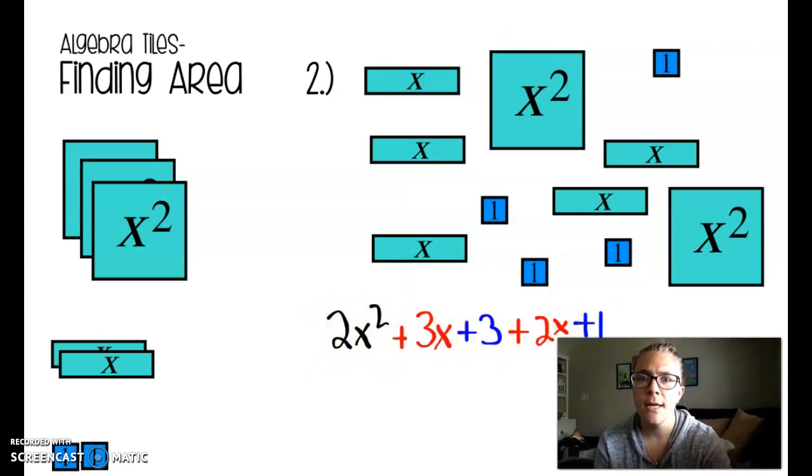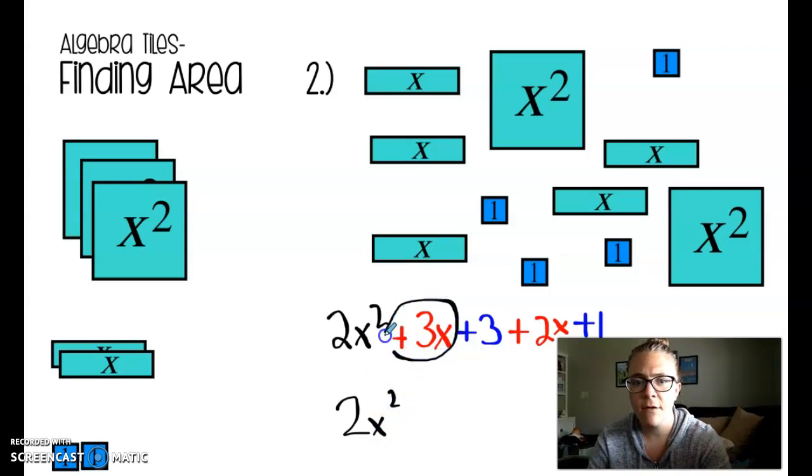Now remember, I want to combine my like terms. In order to do that, I need to combine the values that are the same tiles. I'm going to keep my 2x squared because I only have 2 of them. Then I can see that I have x's right here, but I also had x's later.